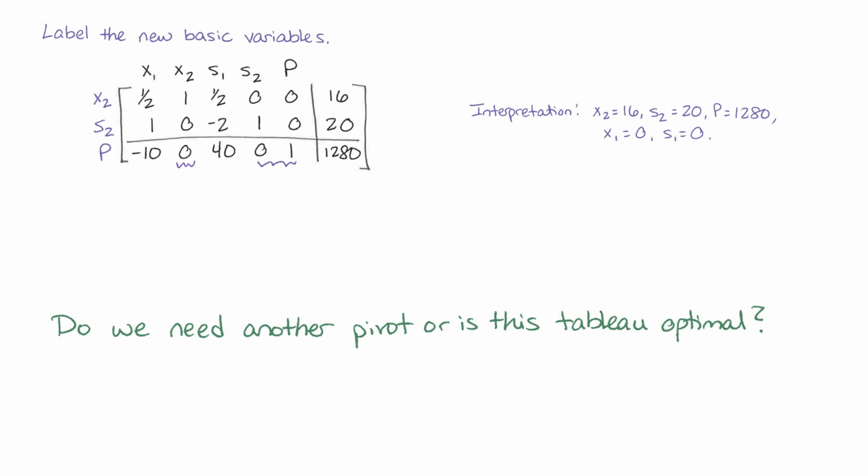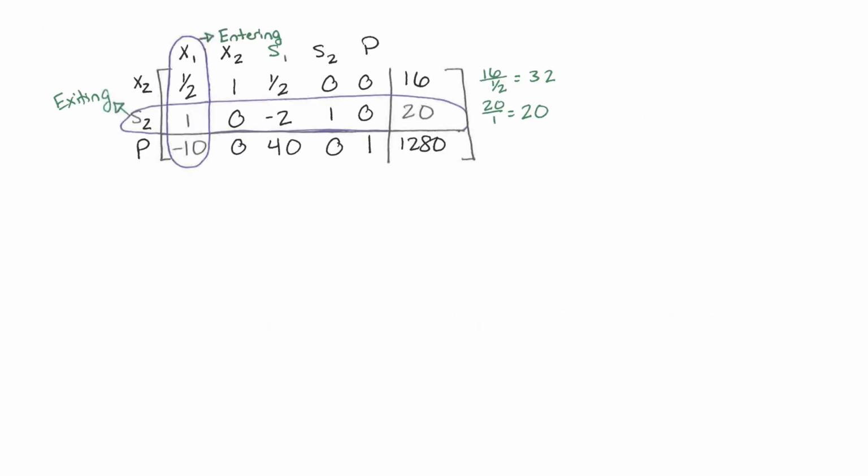If you look at our numbers in the bottom row to the left of P, you'll notice that we do have a negative number, negative 10, that is in the first column. So that means that we have a pivot column, so this is not optimal. That becomes my pivot column, which makes x1 the entering variable.